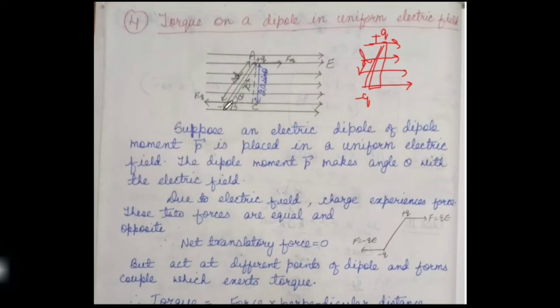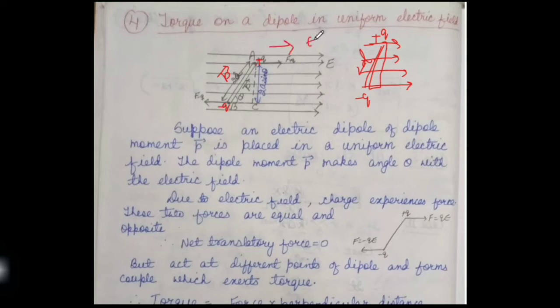So this one is minus q and plus q, separated by a distance 2d. Now, the dipole moment direction is from which to which? From negative to positive, so the dipole moment is in this direction. Now you place this dipole in this electric field. What happens? At the two ends, minus q charge here, plus q charge here, separated by distance 2d, the electric field direction is this one, right?